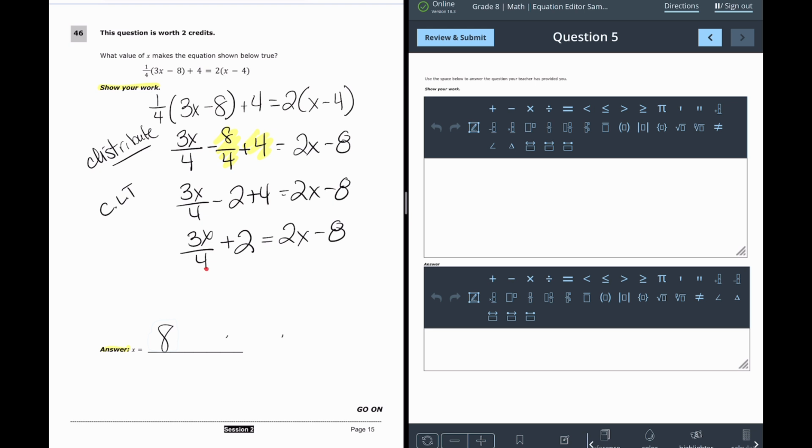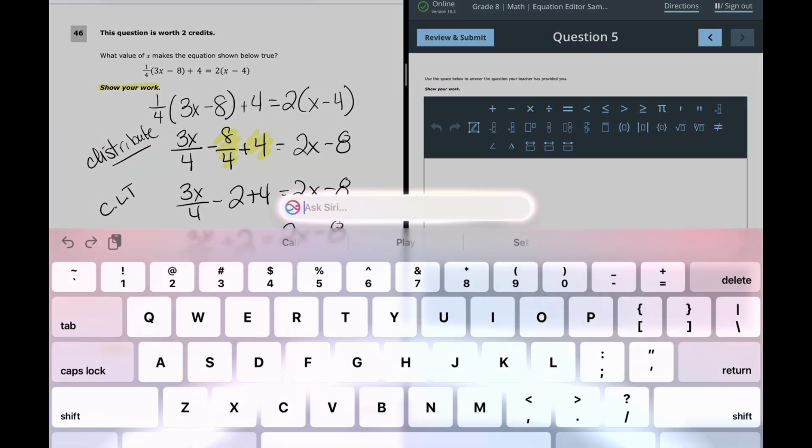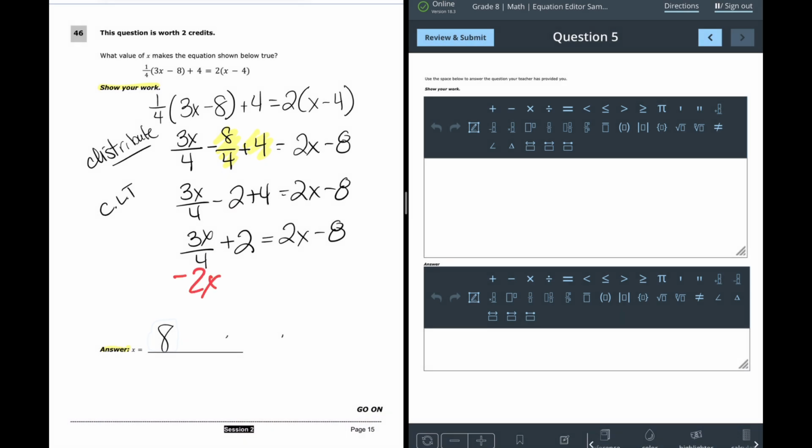Do I want my x's to go here and I subtract 3/4 x here? Or do I want to subtract 2, but now I'm going to have to subtract 2x. I'm going to tell you, I do not want to do 3x over 4 minus 2x. I don't want to do that. I want to do it the other way around. So I want this to go here, and I want this to go here.